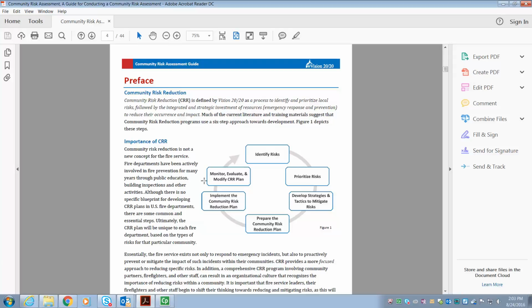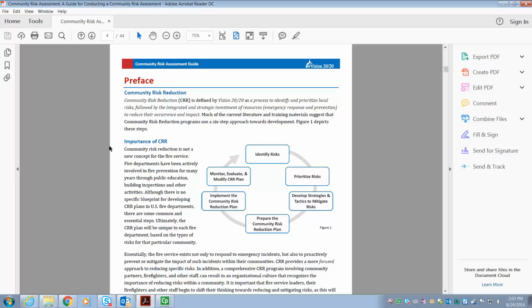Right here in this circle, this is what we're doing. We're identifying the risk. We're going to prioritize those, develop some strategies and tactics to mitigate, do our risk reduction plan, implement and modify. This is the community risk reduction process that we have already talked about. As we go through this course, those are the things that we are looking at.